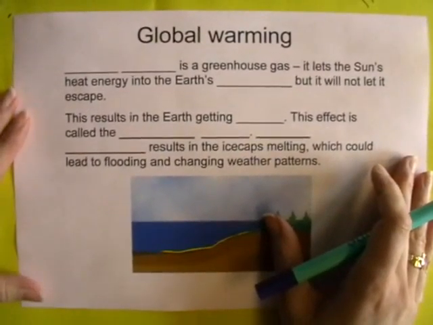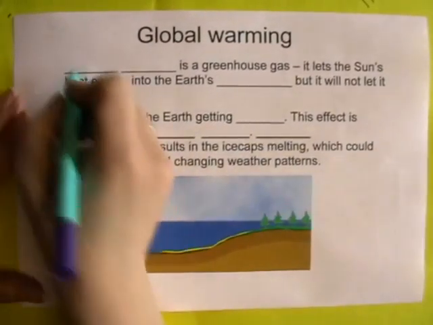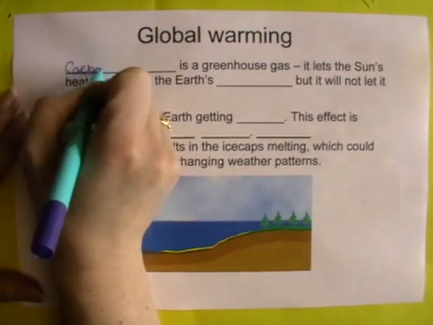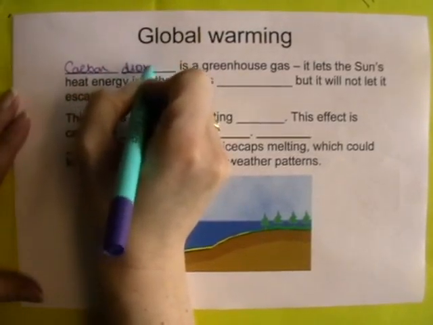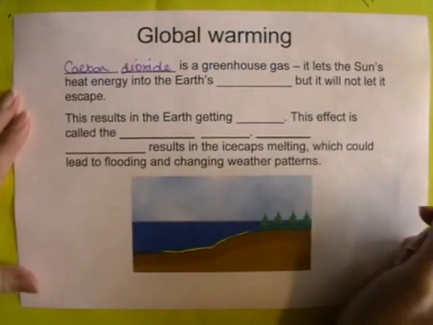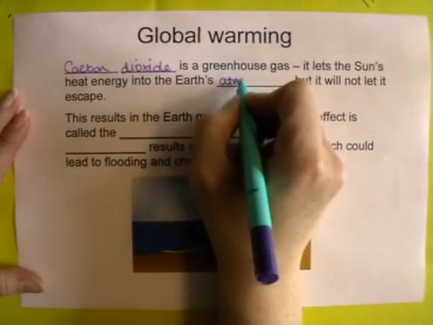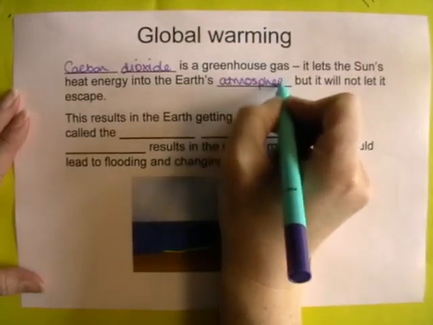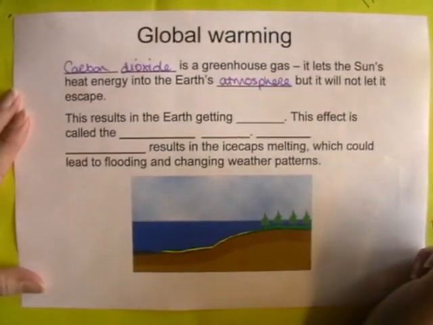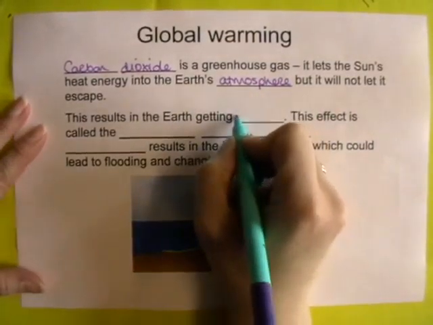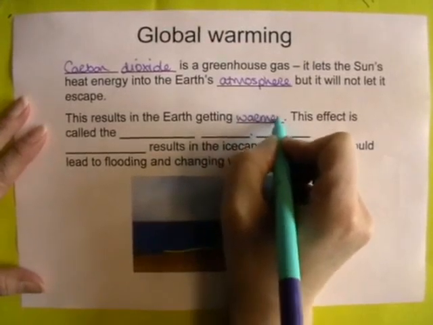So to summarise global warming, carbon dioxide is a greenhouse gas. It lets the sun's heat energy into the Earth's atmosphere, but it will not let it escape, so it traps it. This results in the Earth getting warmer.